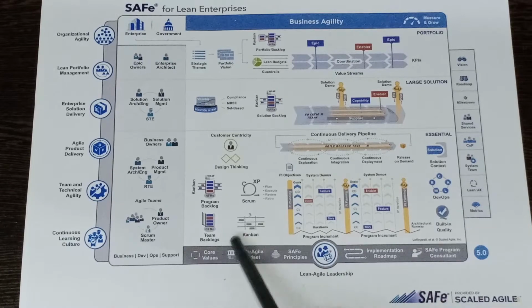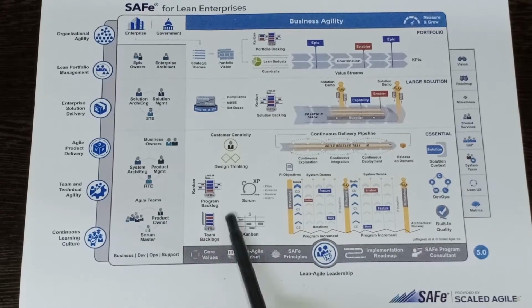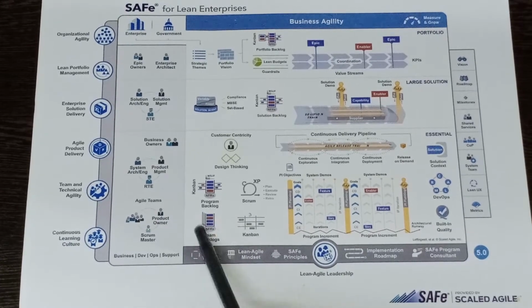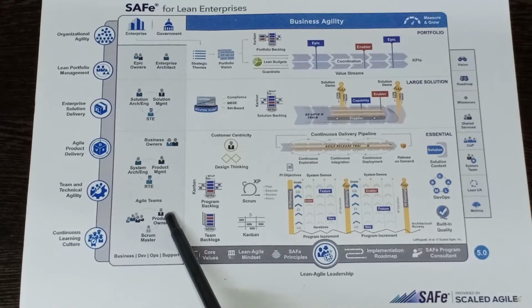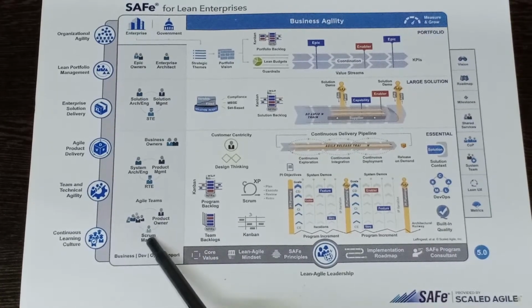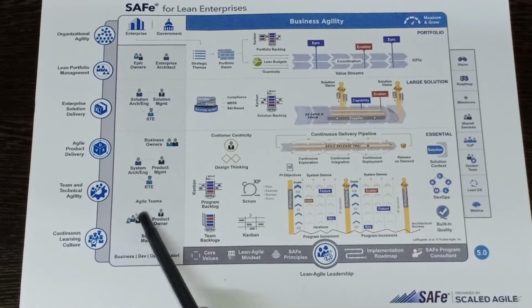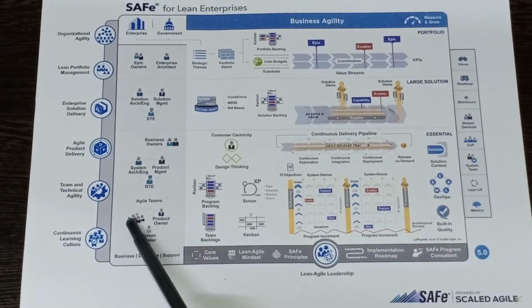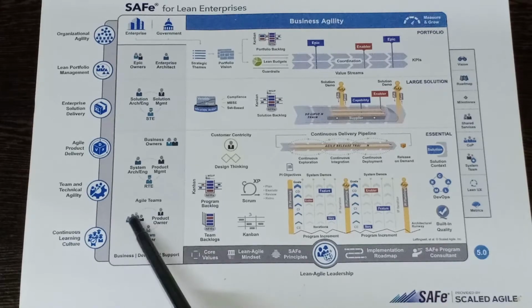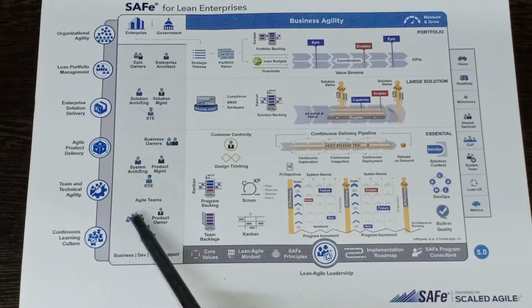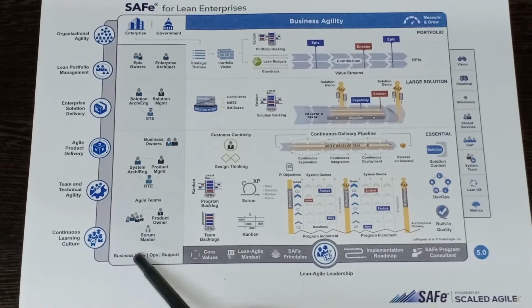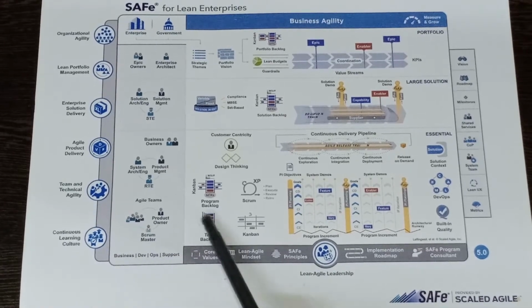Essentially, at the team level, we have team backlogs. We used to have roles like individual product owner and scrum master, and here we call it not just a development team, but the agile team. It should have people from business, development, operations, and support.